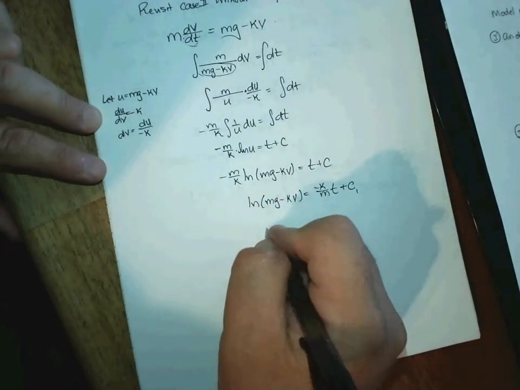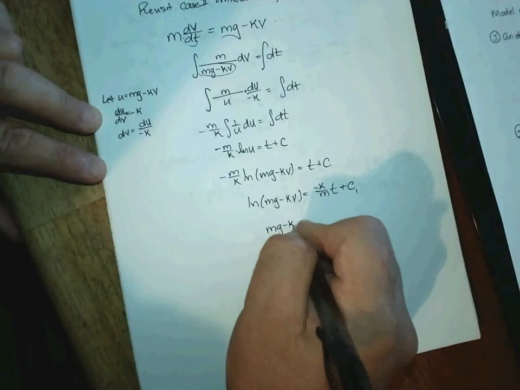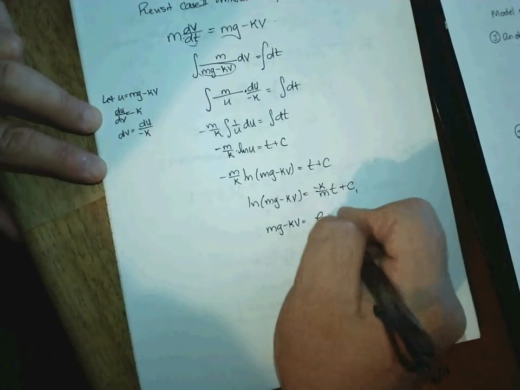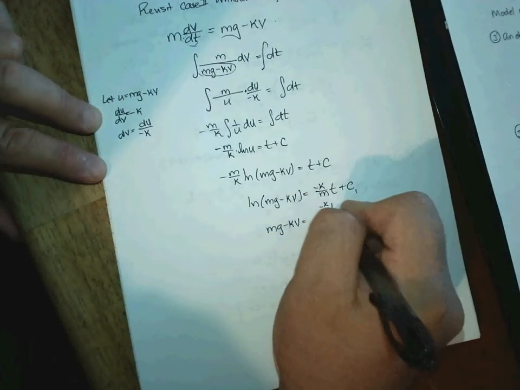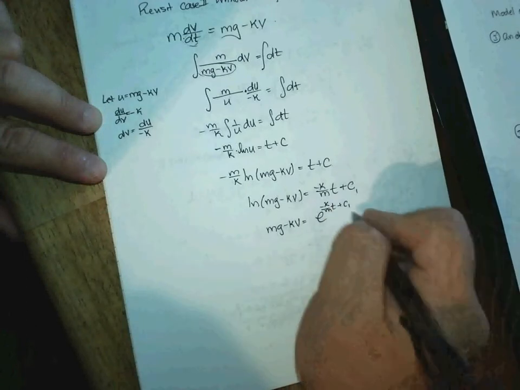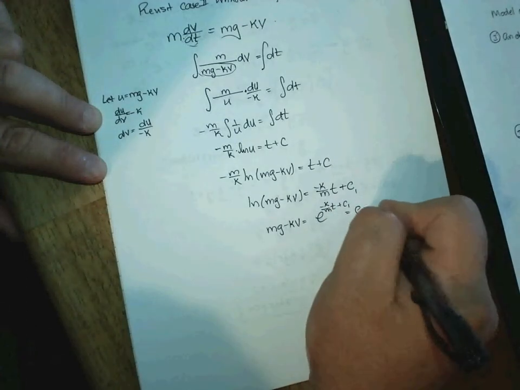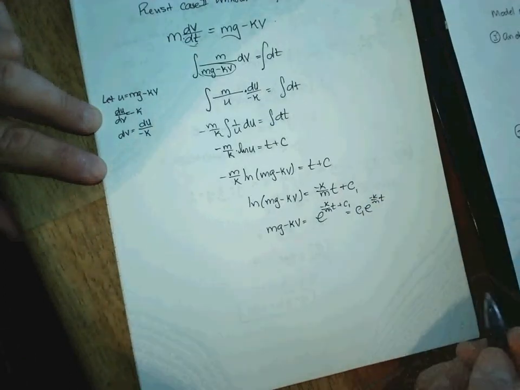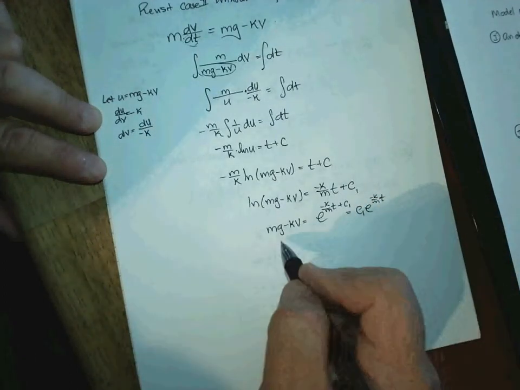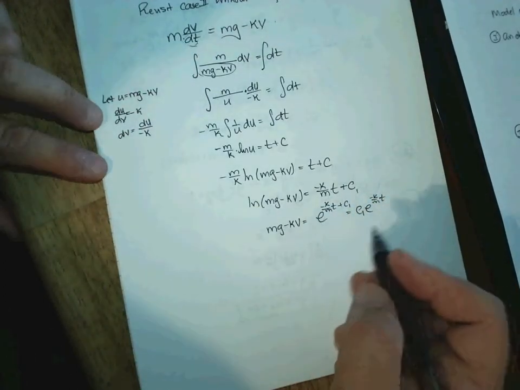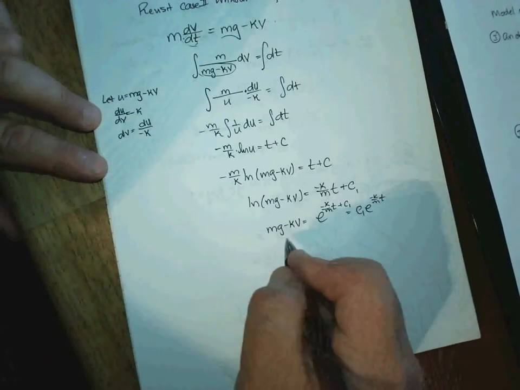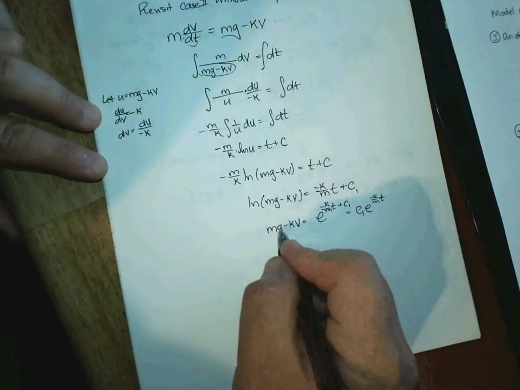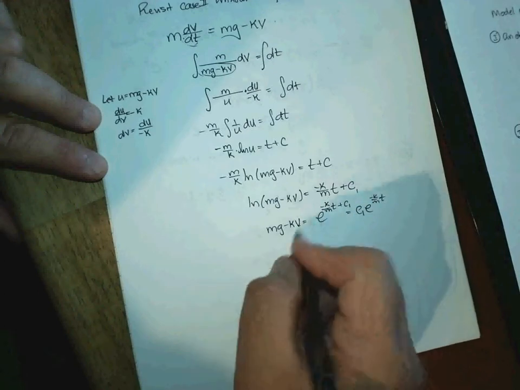Now if I exponentiated both sides here, this constant can come down in front. So how would I solve this for v?